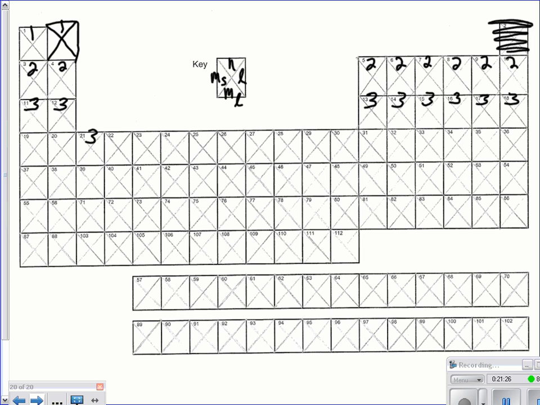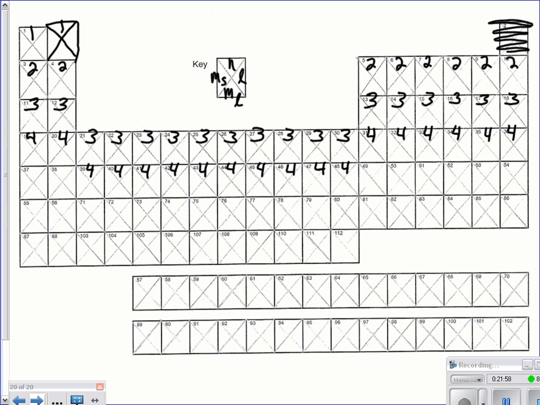So these guys, even though this is period 4, it is energy level 3 because we have to subtract 1 from our d block and we subtract 2 from our f block. So that would make this a 4. Actually, I should have gone up here to do my 4s as well. Am I done with my 4s?